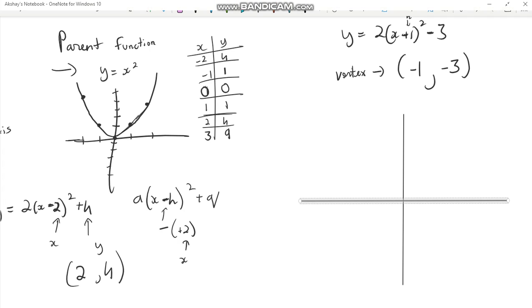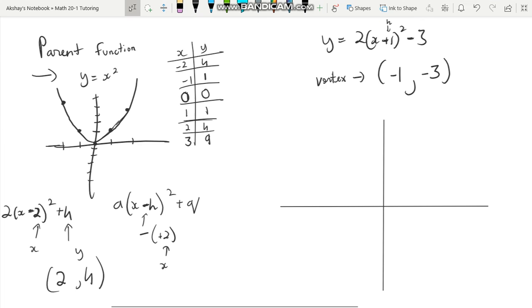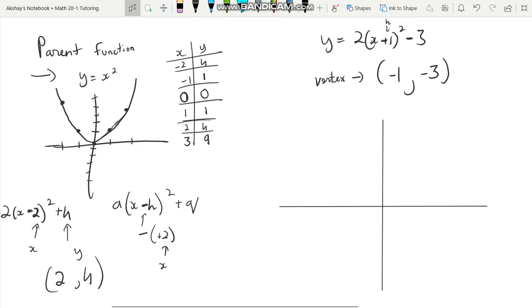Okay, perfect. So now if I'm asked to graph this function, y is equal to 2 times (x plus 1) squared minus 3, and also show my transformations from my parent function, y is equal to x squared, of course I know my vertex is (-1, -3), which would be right here.